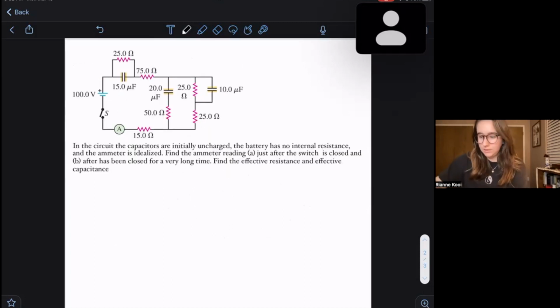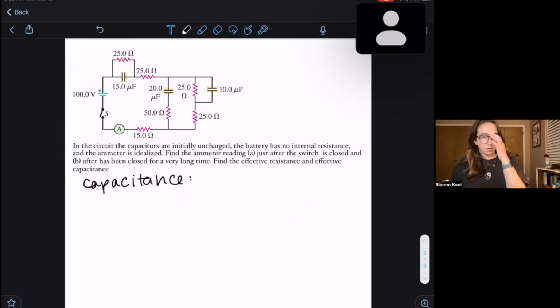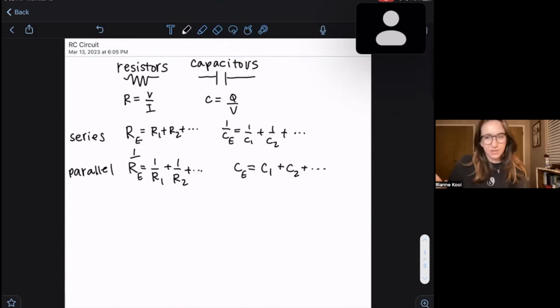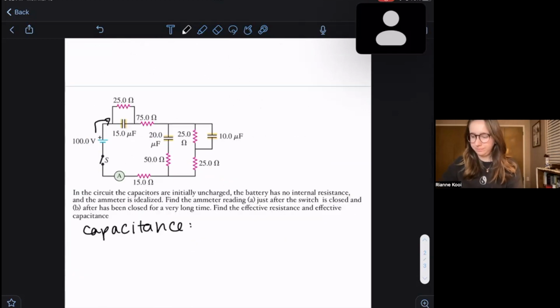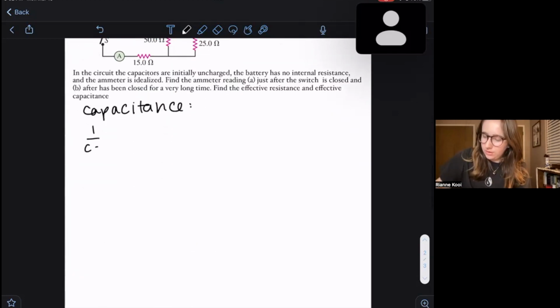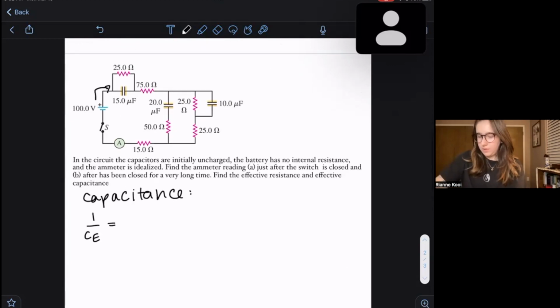Okay, now let's do capacitance. The first one, we go this way. And remember, in series, capacitors go as 1 over. So I'm going to start off with 1 over the effective capacitance. We start with our 15 microfarad, so 1 over 15 microfarad.